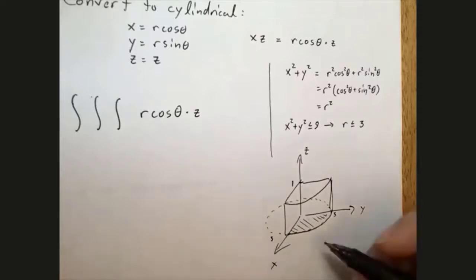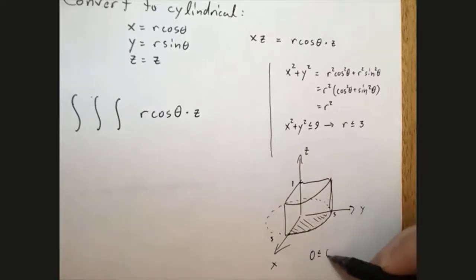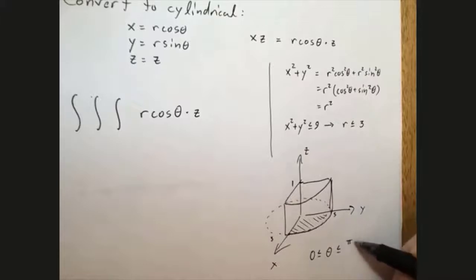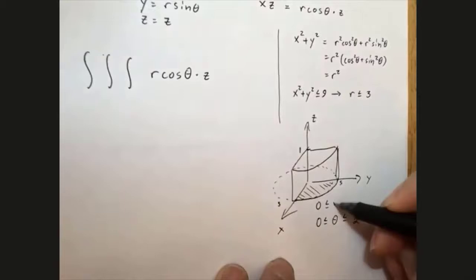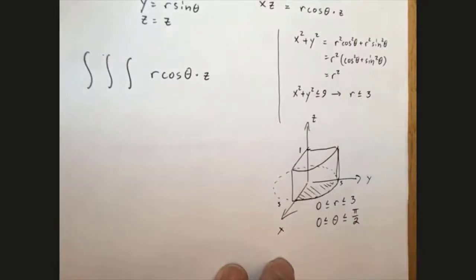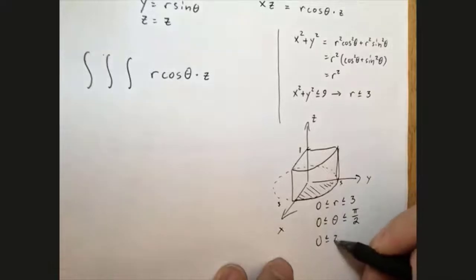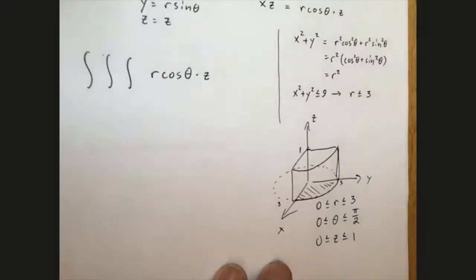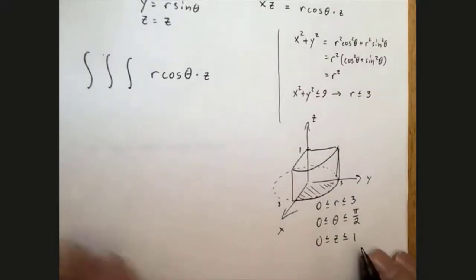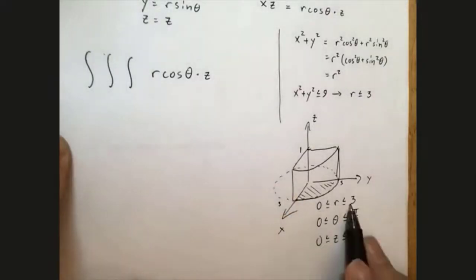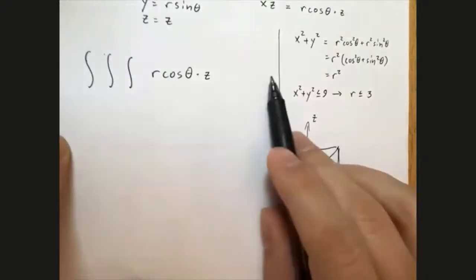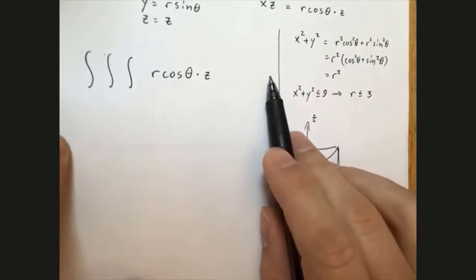So we see that theta here is going from 0 to pi over 2. And we were told, let me write down again, r is going from 0 to 3, and z is going from 0 to 1. Well, that's very simple, isn't it? These are going to be our bounds here. Since these are all constants, it doesn't matter what order I write the dr, the d theta, and the dz.